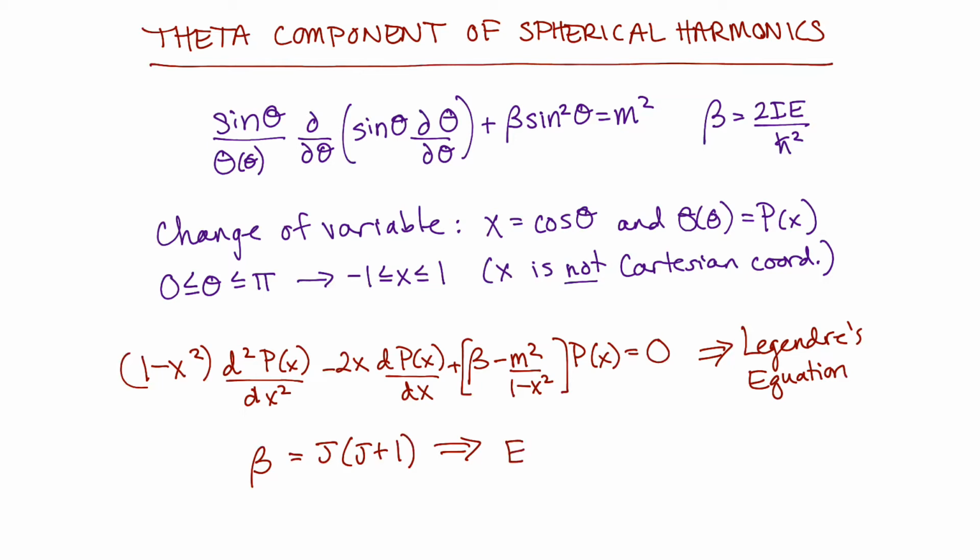That gives us energy levels as such. This expression may look familiar from our discussion on the energy levels for the rigid rotor that we sometimes just skip to. These are the energy levels, the expression for the energy levels for the rigid rotor system.